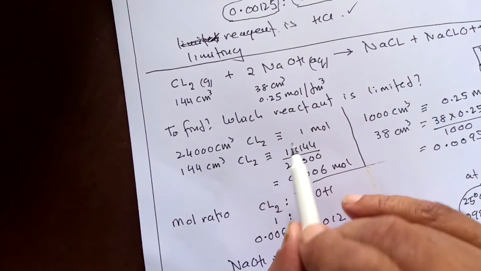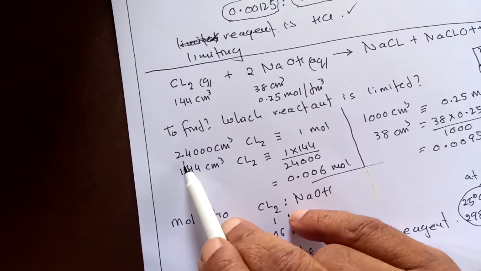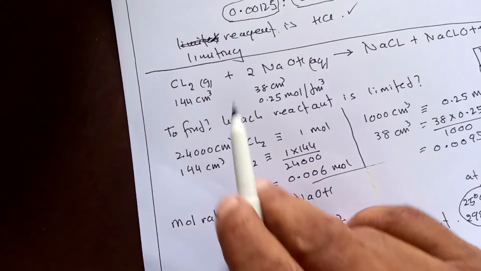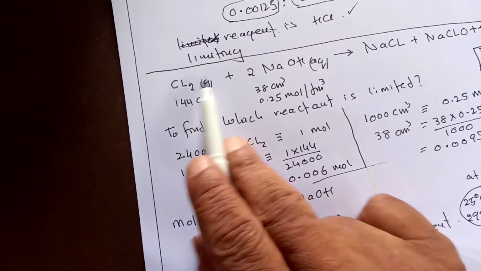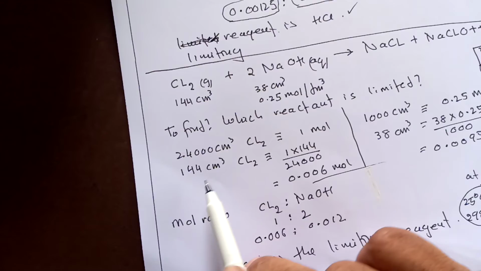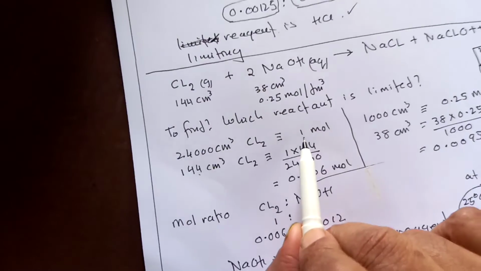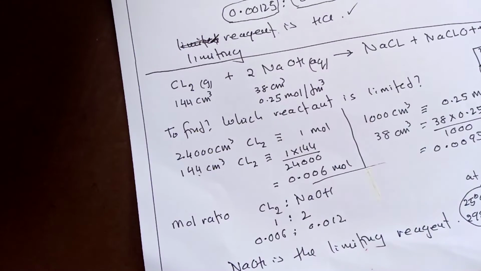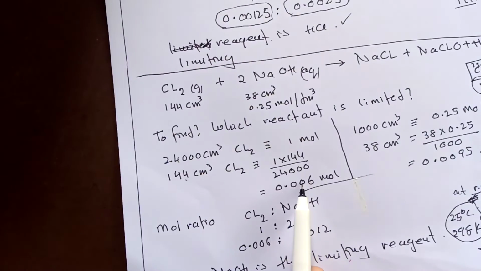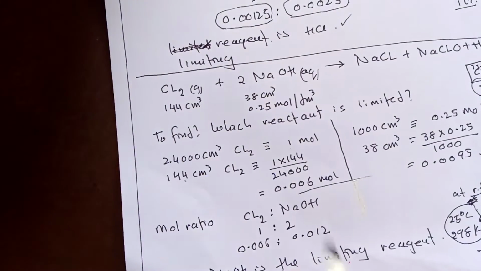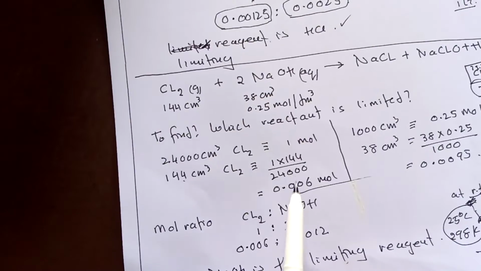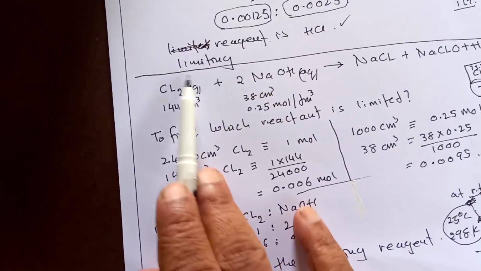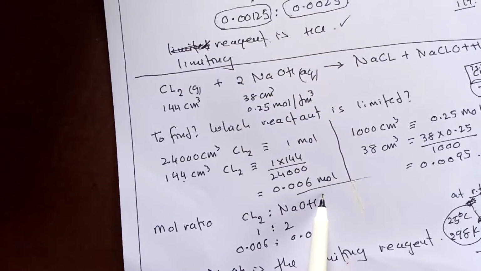Now, we want to know in 144 centimeter cube how many moles we have. So you take 144 times 1 divided by 24,000, you will get 0.006. What we have calculated here is that we have converted this 144 centimeter cube of gas into mole.